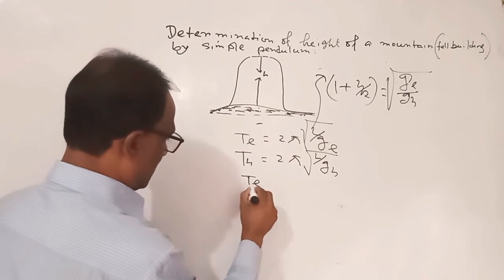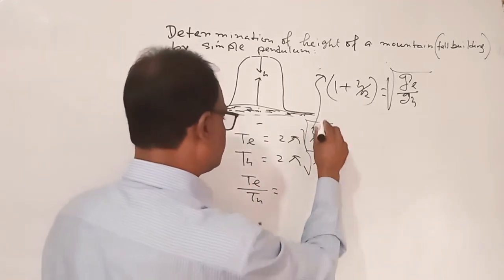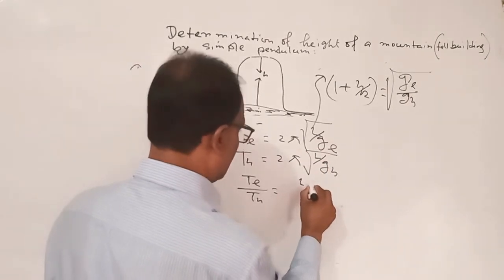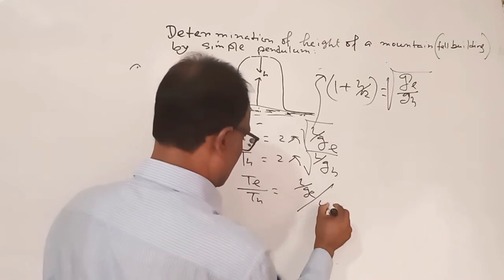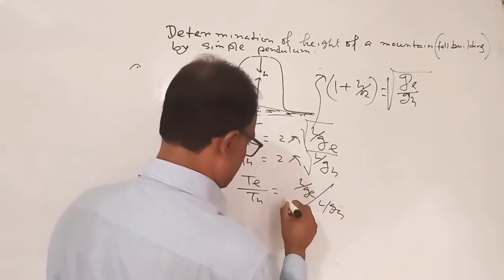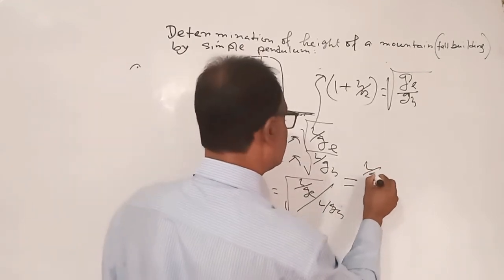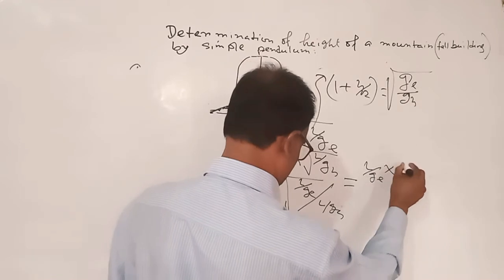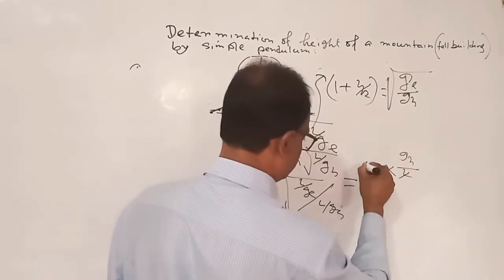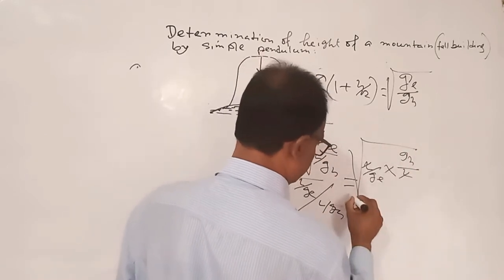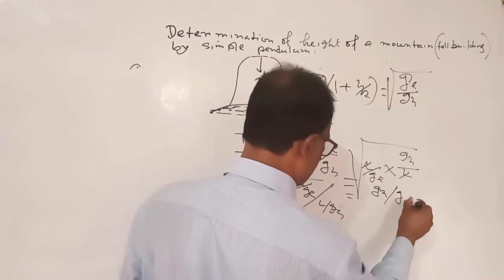So what will we have? Te by Th equals 2 pi root of L by Ge over 2 pi root of L by Gh, that is root of L by Ge into Gh by L, that is root of Gh by Ge.